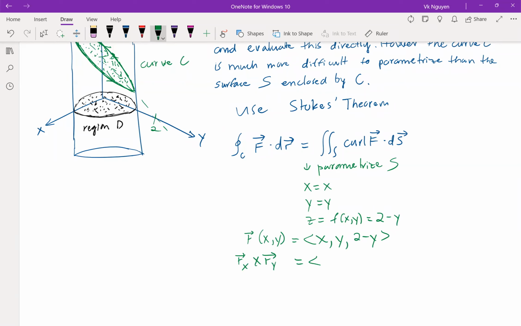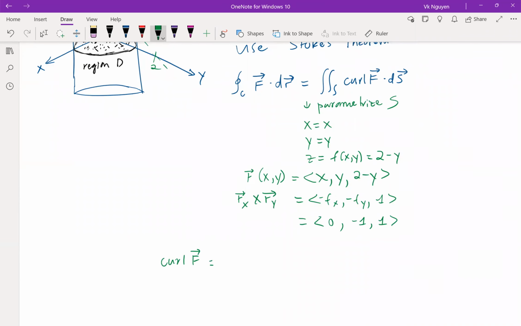From what we did last time, that would be minus f_x, minus f_y, 1. Taking the partial derivative with respect to x, none. Partial derivative with respect to y, negative 1. So (0, 1, 1). Oh, how nice.